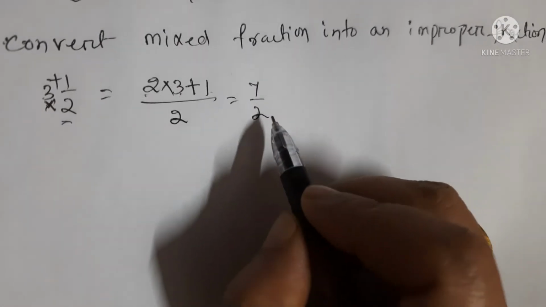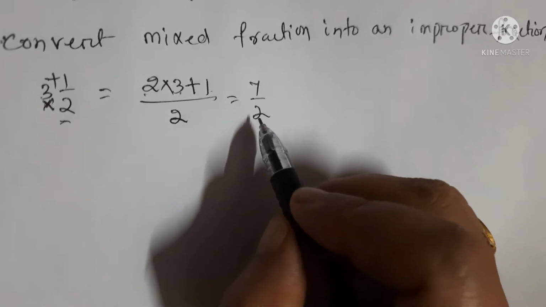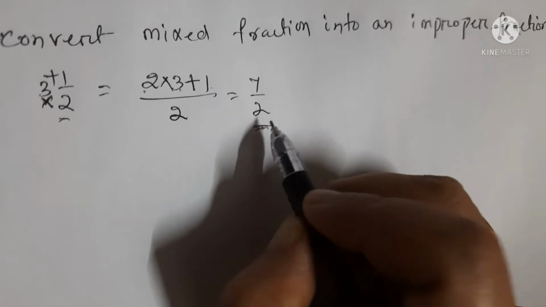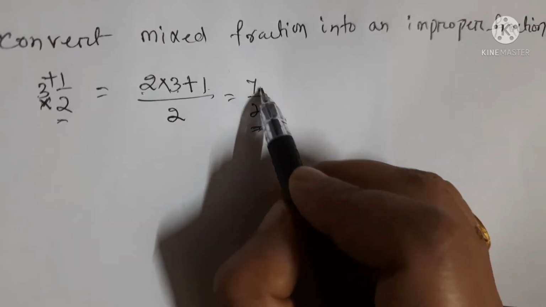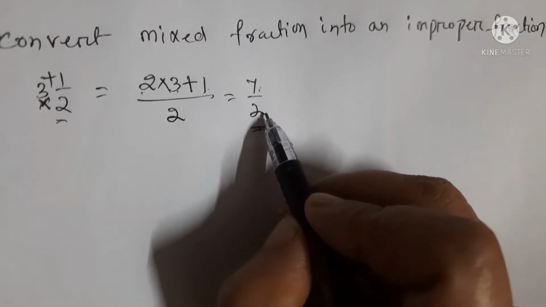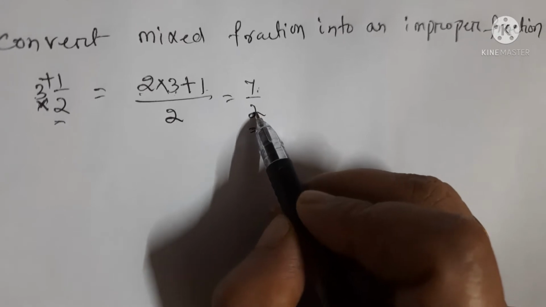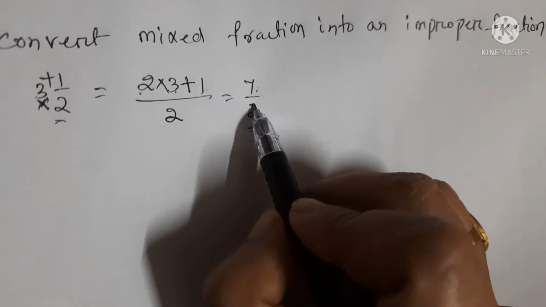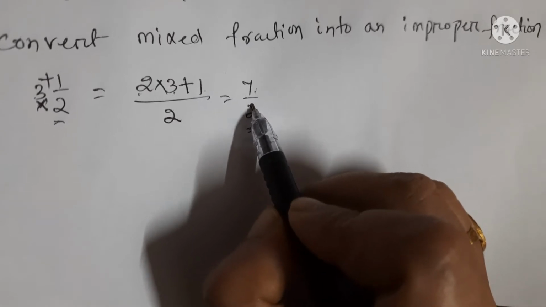So we will recheck this answer whether it is right or not, because this is an improper fraction. What is an improper fraction? If the numerator is big and the denominator is small, then it is called an improper fraction. So now if we convert this, can we get the mixed fraction? Let us see.